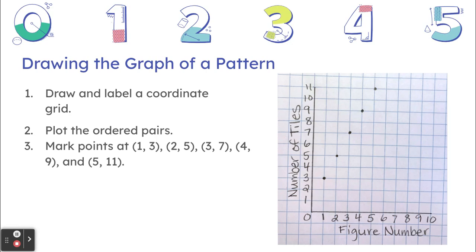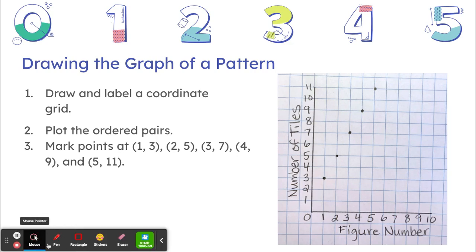We will talk about why not later on this year. But what I want you to notice is every time we move 1 to the right, we move 2 up to get to the next point. So we started at point (1, 3), and then to move to our ordered pair for figure number 2, we move 1 unit right and 2 units up.